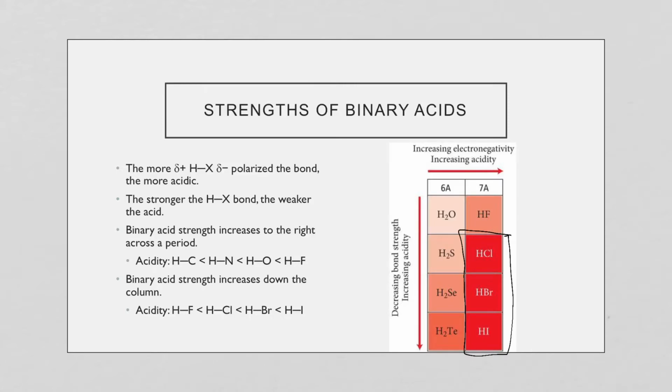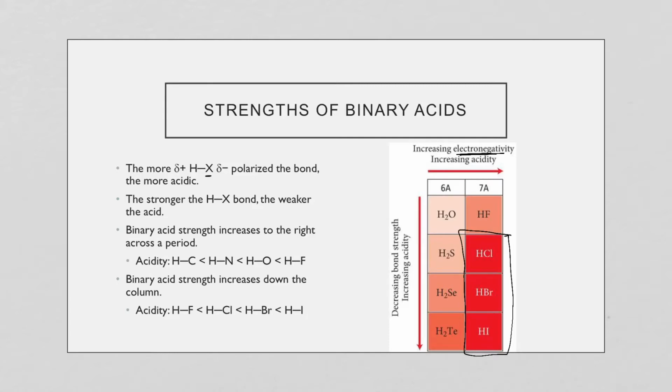Now, what are the reasons for this? Well, one thing that affects this is the polarization of this bond. Now, that polarization is going to be affected by the electronegativity of X, or what we've been calling A, when we've done our problem solving.